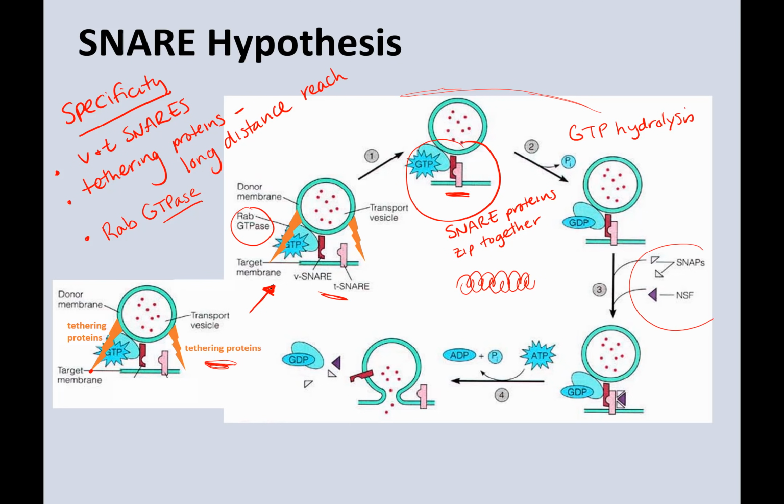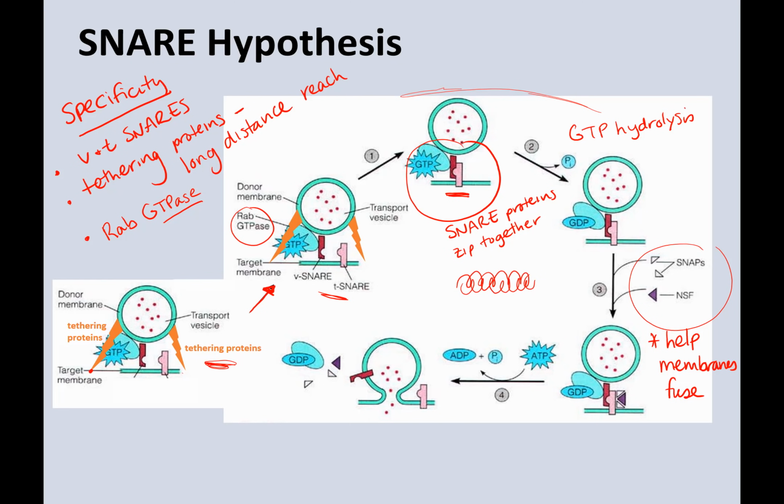Then we have some proteins that are really not specific, the SNAPs and NSF, and their role is to, one, help the membranes fuse. So just to make sure you understand the orientation, the green down here is the target membrane, the green circle is the vesicle. And just like I showed with the exocytosis picture, the vesicle and the membrane can fuse together and release the contents. So SNAPs and NSFs come in. They're non-specific.